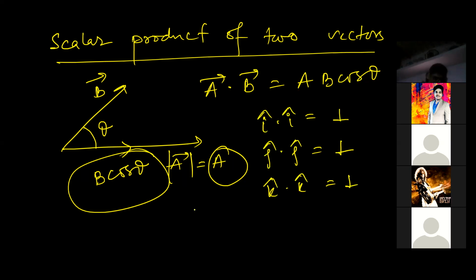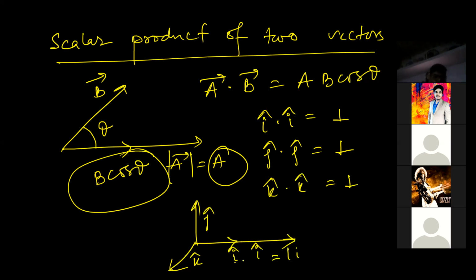Right? If these are the axes, along the x-axis I cap is working, along the y-axis J cap, along the z-axis K cap is working. So if another I cap is working along the same axis, then their dot product will be equal to the magnitude of I cap.